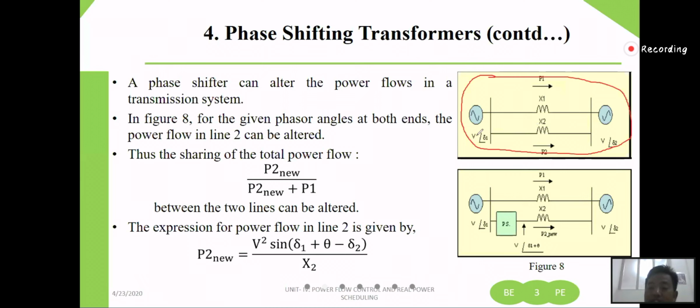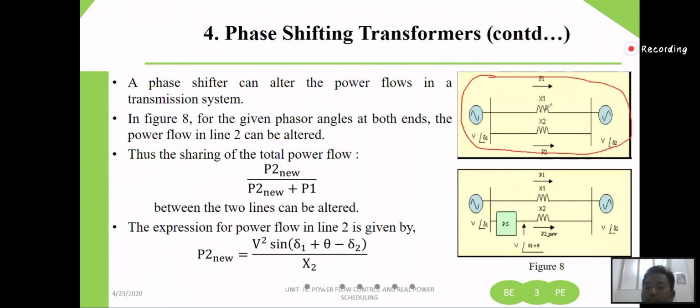Then we assume that at the sending end, your voltage is V and the angle is delta 1, and the receiving end voltage is the same. You're getting the same voltage V, and then angle delta 2. So this is a normal transmission line.